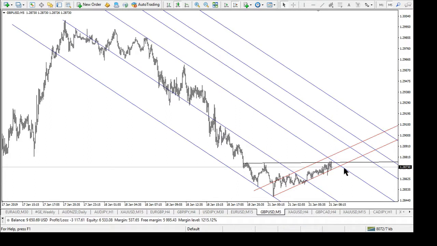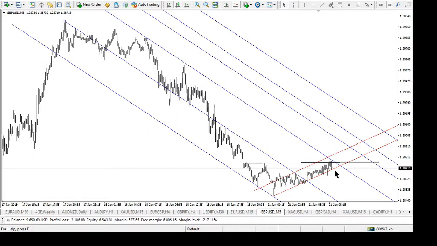But it has not broken this key resistance level by now, and this blue trend line coming downwards is going to be a resistance to the price each time it sees each of these. So it has not broken above this level.